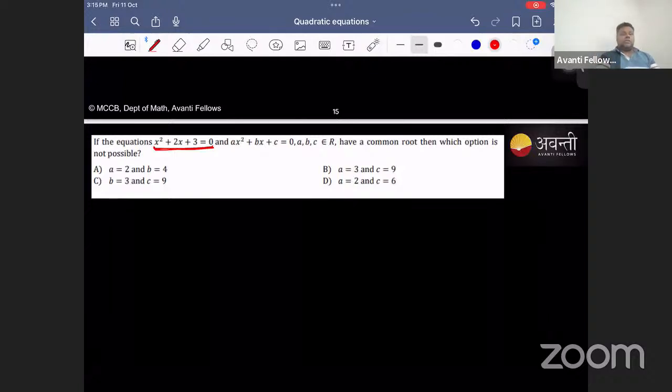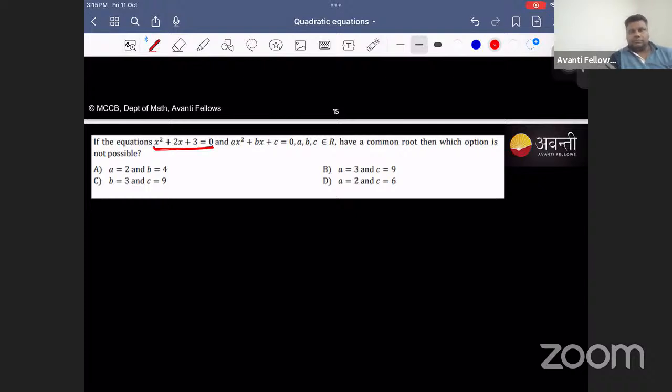Then which of the following is not possible? C is the answer. Okay. Anybody else?